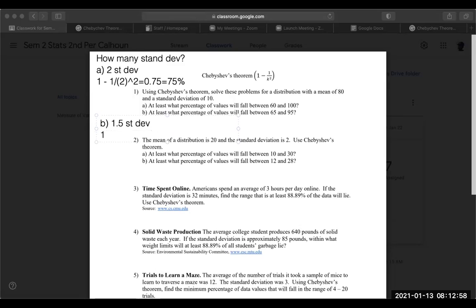So the percentage of data within 1.5 standard deviations is 1 minus 1 divided by 1.5 squared. That is approximately 56%. It's technically 55.5 repeating, I just round it.